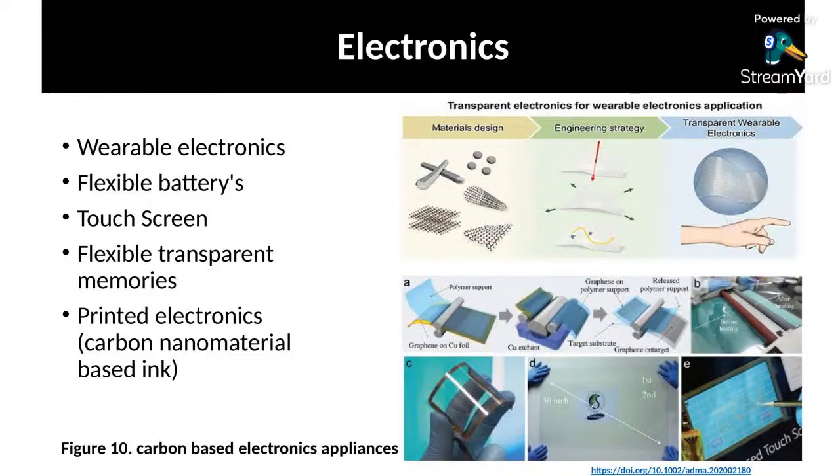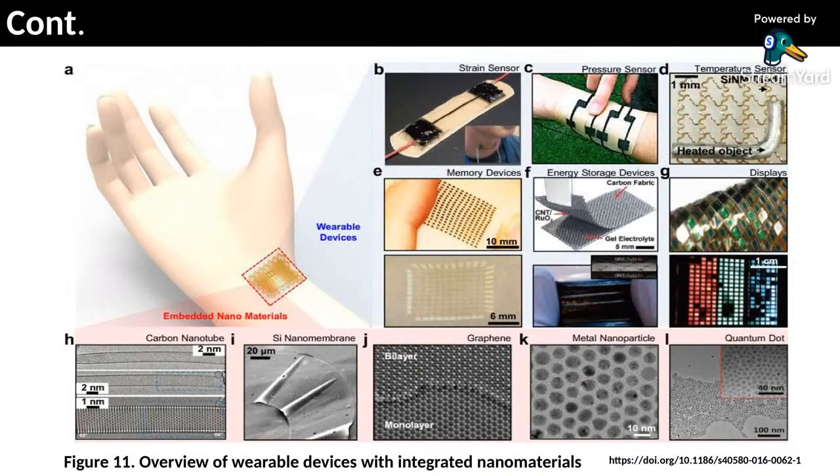Then flexible transparent memories: we can form different types of flexible memories, flexible RAMs, hard drives, and printable electronics. We also print circuits with these carbon-based nanomaterials. So it makes the equipment or electronics small in size, flexible, easy to use, or carry on your body.